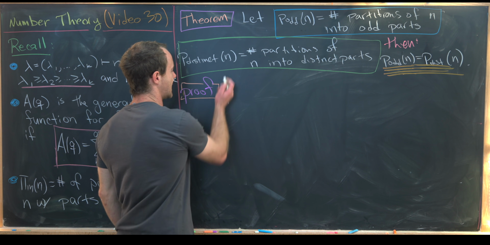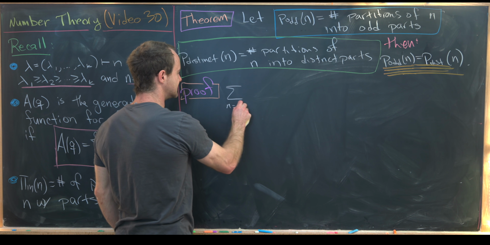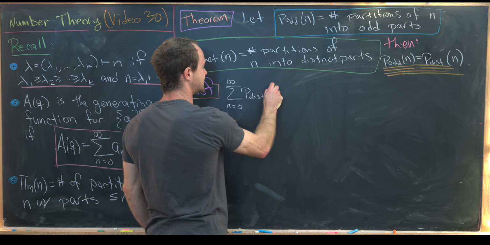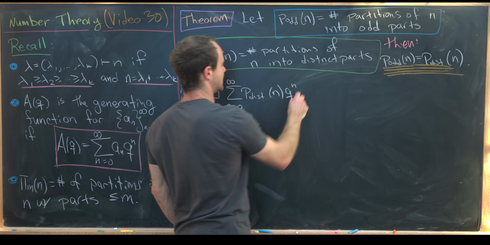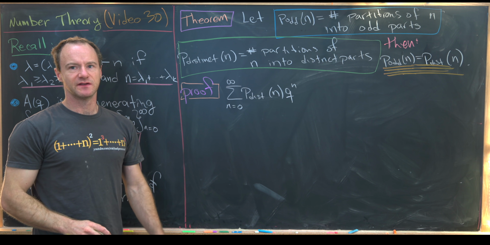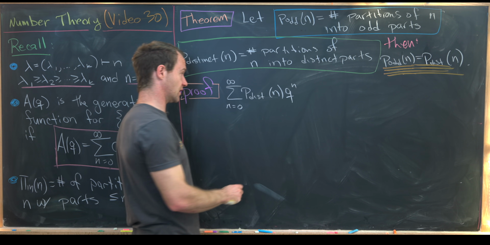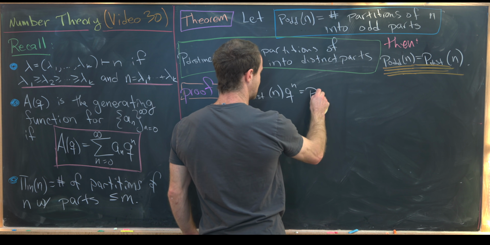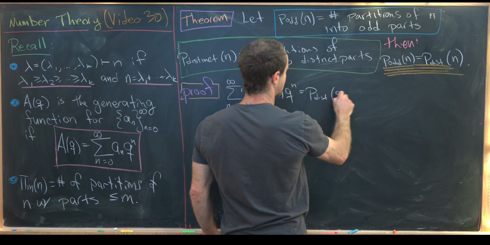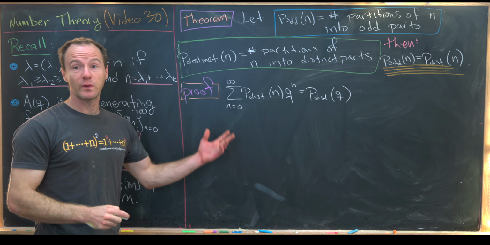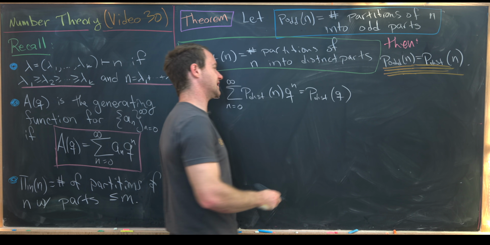So let's notice that the sum, as n goes from 0 to infinity, of p distinct n times q to the n, that's the power series, the generating function for partitions of n into distinct parts. We could write that as p distinct q, using our standard notation from before, but we know what that is from a previous example.